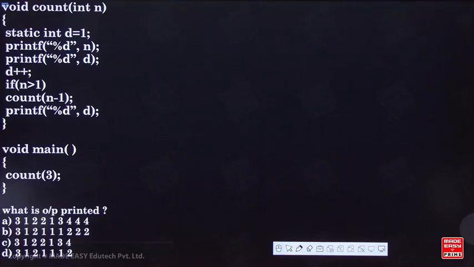Many people are giving the wrong answer. This is a GATE question asked in 2020, I think, recent GATE.